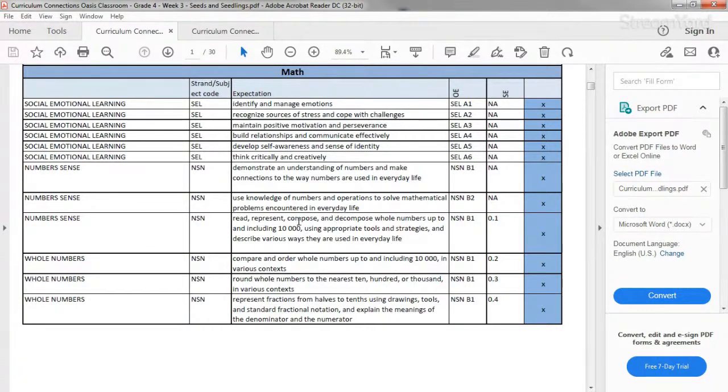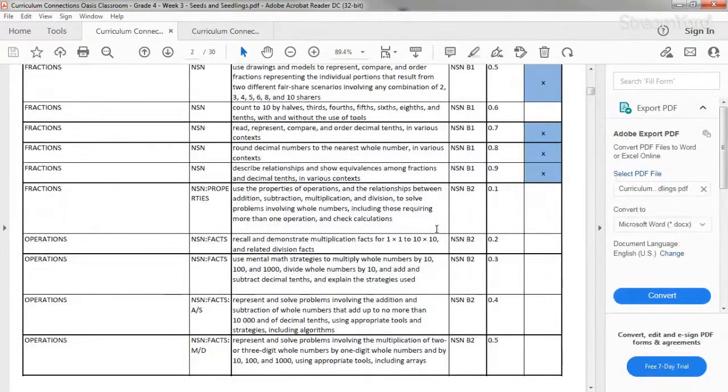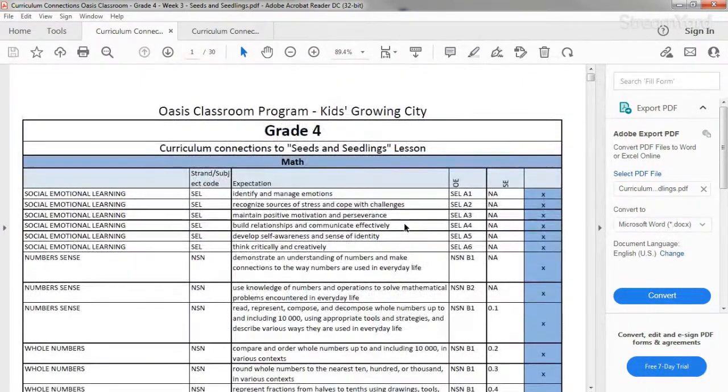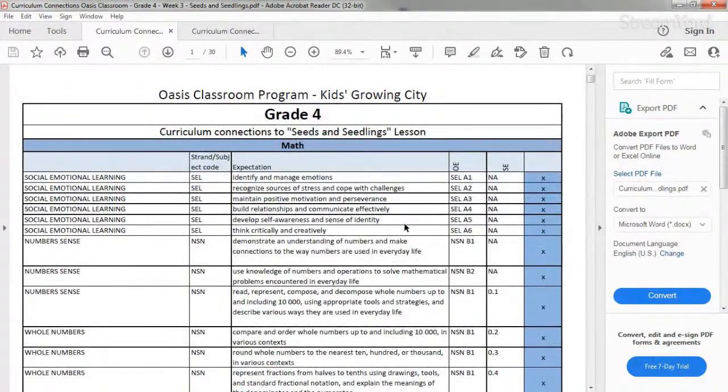You can connect not everything and anything, but a lot of your curriculum. Yes, there are some things that we couldn't necessarily connect, but it doesn't matter. This is just a tool, and as long as you can teach some of your curriculum in this garden, and this is just one lesson, and this is just math.